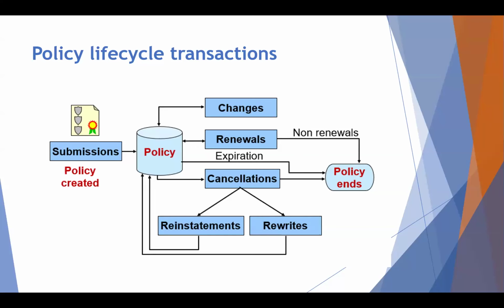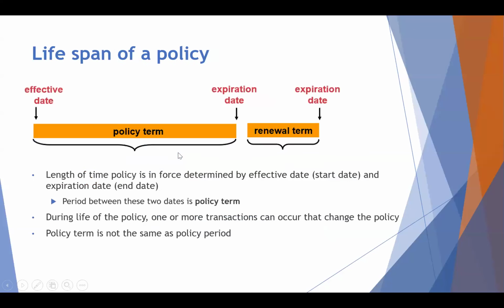Once the customer is satisfied with the premium, the customer will say, I want to create a policy. That means the submission transaction is going to get converted into a policy. Between the effective date and expiration date, the 12 months, if it is a 1 year policy effective from Jan 1st, then Jan 1st to December 31st, I can raise any number of claims, because I have an active policy.